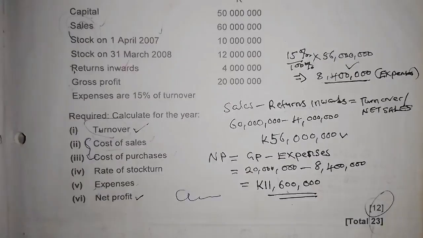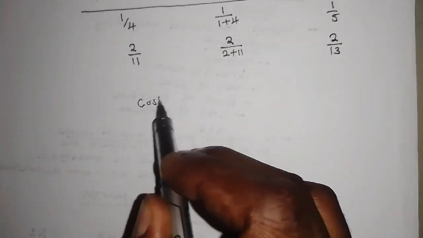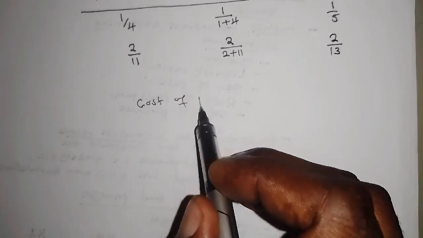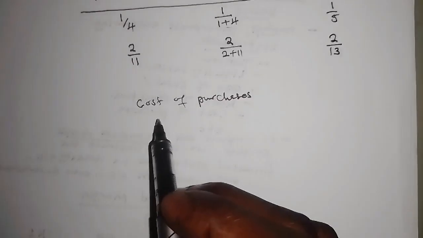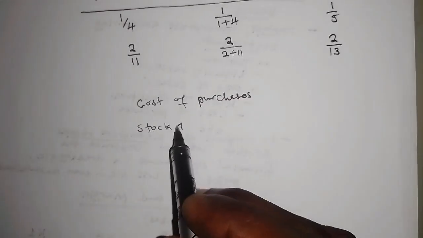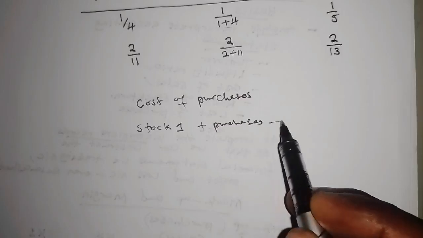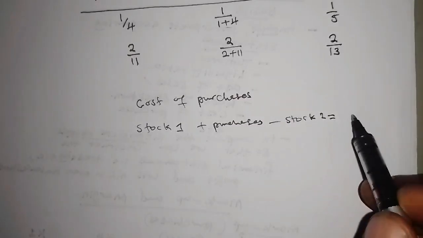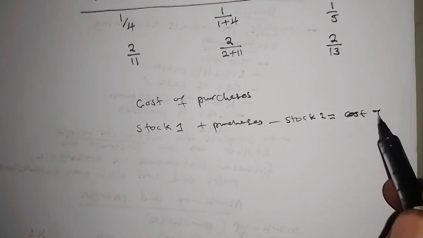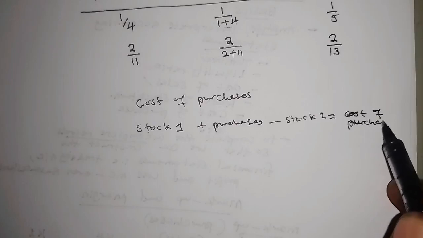So what you're going to do, in order to find the cost of purchases, is say stock 1 plus purchases, minus stock 2, and that equals the cost of sales.